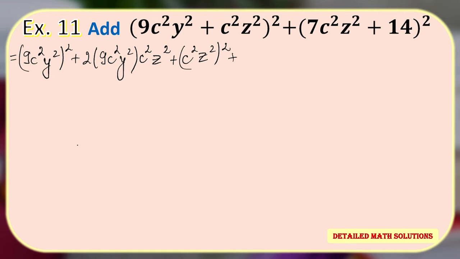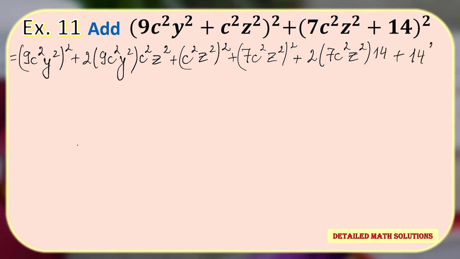Next, I'm going to apply the formula for binomial square to expand the second binomial. This way I get (7c squared z squared) to the power of 2 plus 2 times 7c squared z squared multiplied by 14 plus 14 squared.